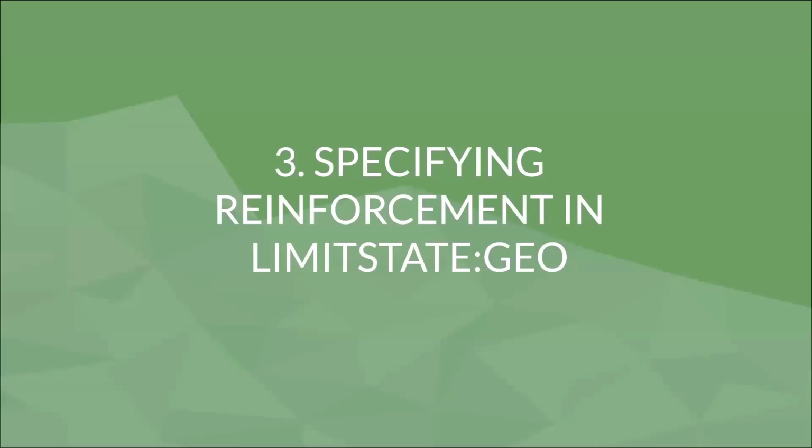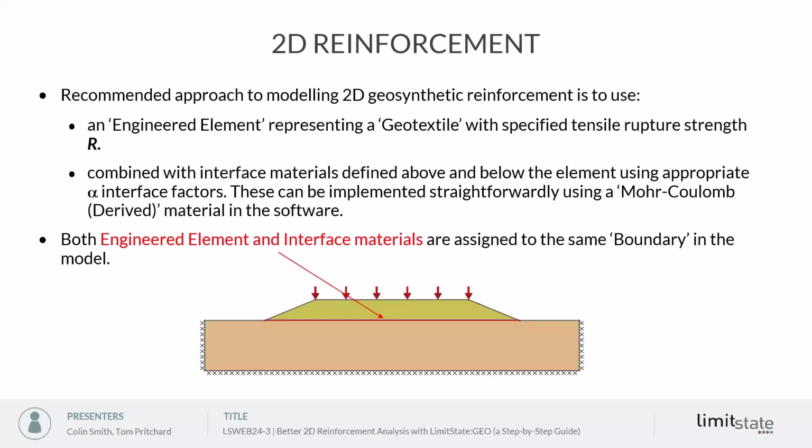Okay, so how do we specify reinforcement in LimitState GEO? In the software, we have a special material called an engineered element, and we just pick that and select the specified tensile rupture strength, and then we can put interface materials above and below the element using appropriate alpha interface factors.